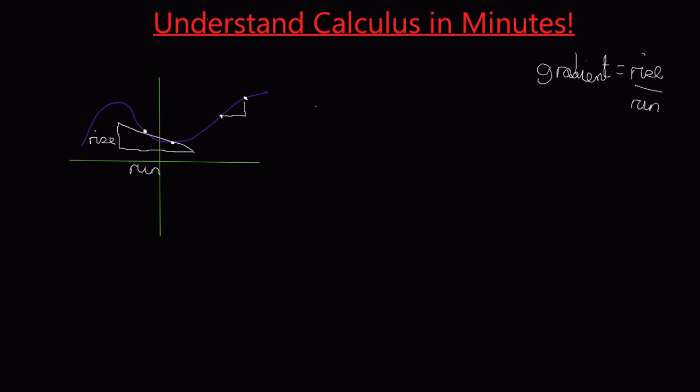So let's imagine this curve's rule is expressed by, let's say, 3x squared plus 4x plus 2. Then we would say f prime of x, or perhaps dy by dx. This means the same thing as this.